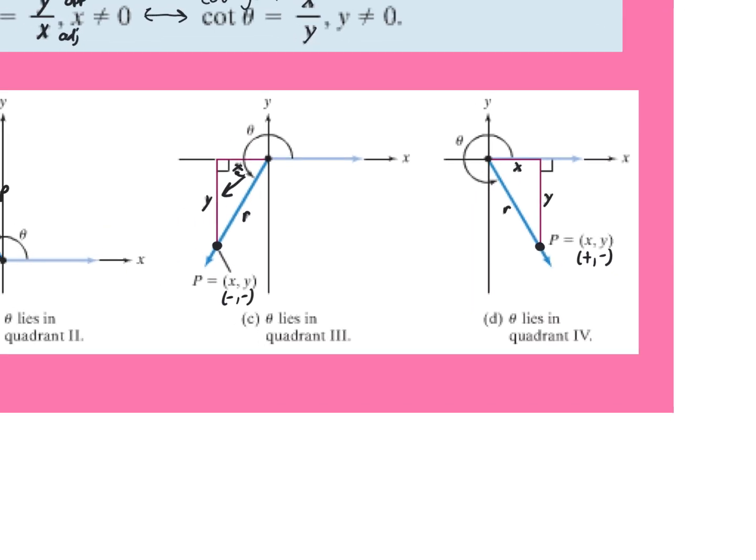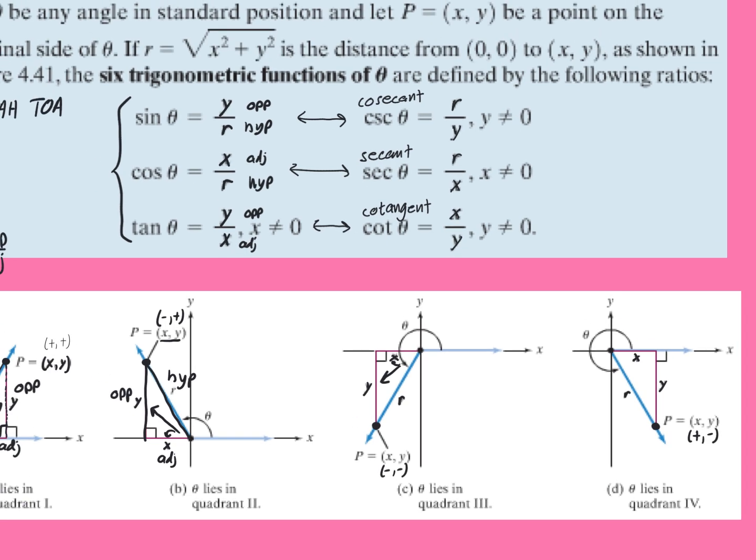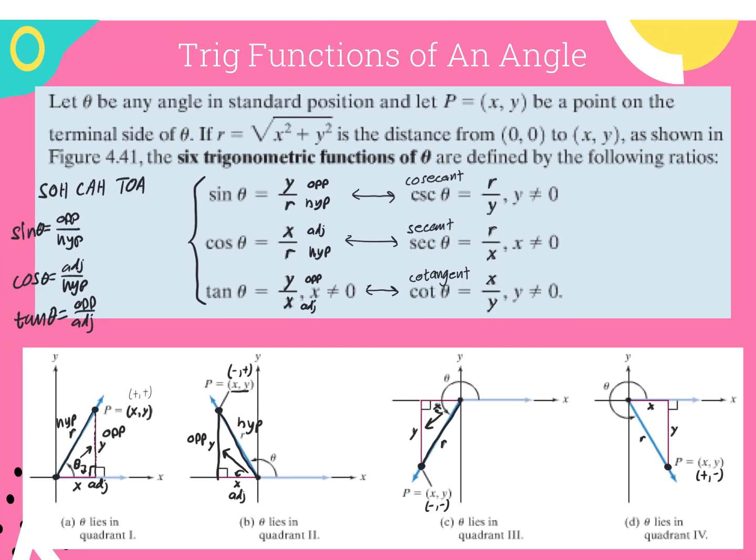So that's how we can determine the signs of x and y. One thing to note is that the r value is always going to be positive, right? Think of r like the radius, right? Or the distance from the origin to this point right here, right? And you can't really have a negative distance, right? So r is always positive.